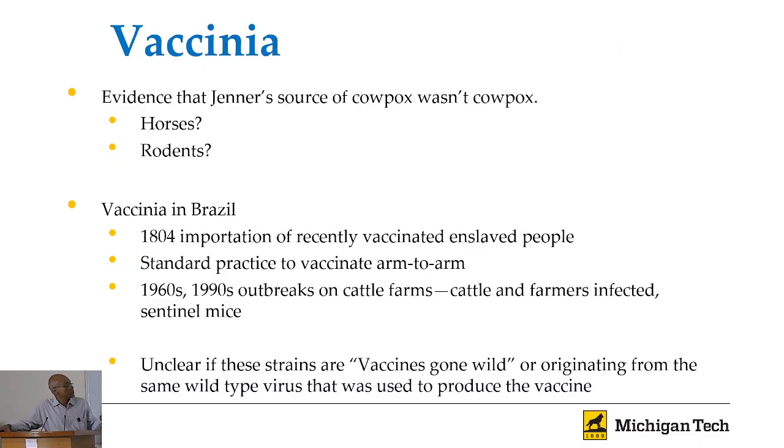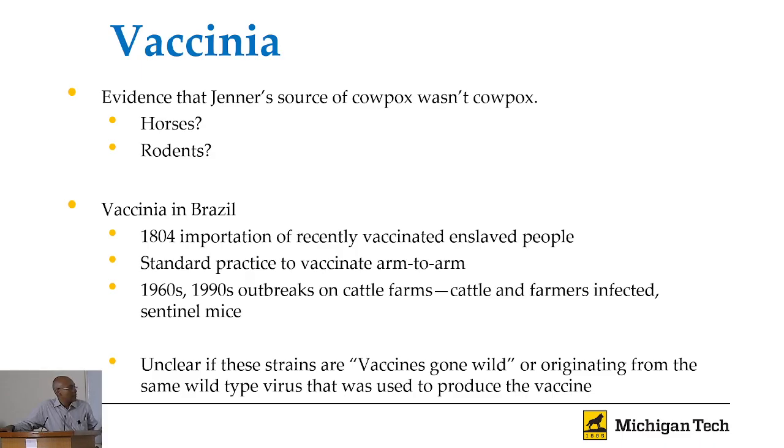So this is a good question: the evidence that Jenner's source of cowpox was not cowpox. Was it horsepox? We don't know. But based on the evidence, they have shown that Edward Jenner used the cowpox vaccine for controlling it. Then vaccinia in Brazil, 1804: importation of recently vaccinated enslaved people, and standardized practice to vaccinate arm to arm, and that's the history here.